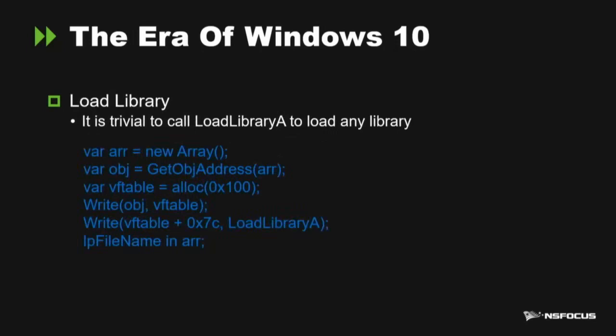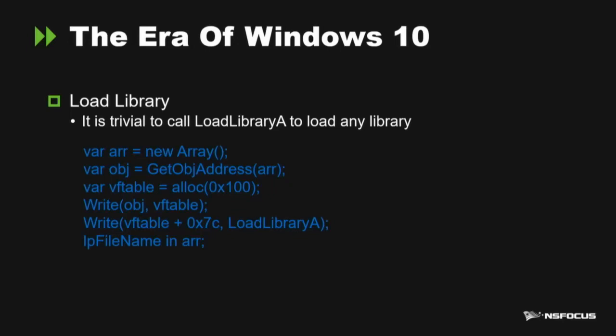Okay, let's see the alternative bypass technique. First is to load the library. It's very trivial to call the API to load any library once you build the read-write primitives.